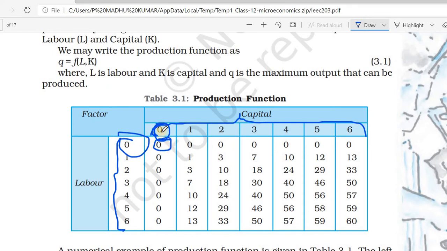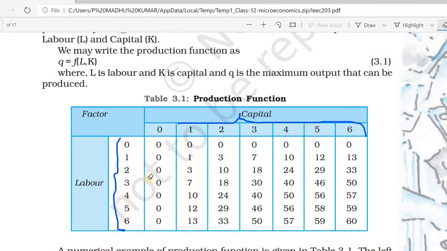Then in this column, capital is the same and in each stage we are increasing the labor, from 0 to 1. Capital is 0, we increase the labor to 1, and production is the same. What is the production? 0.